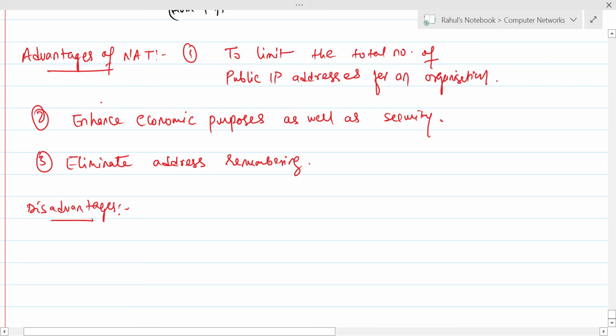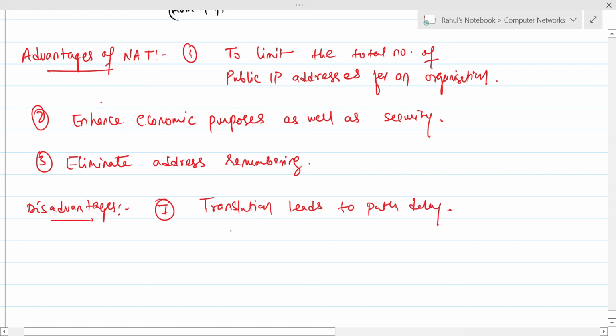The disadvantage is that while going through the process of public to private and private to public translation, it will delay the path. So we can write point number one: translation means public to private and private to public, so IP address translation leads to path delay. Definitely path delay will be there.